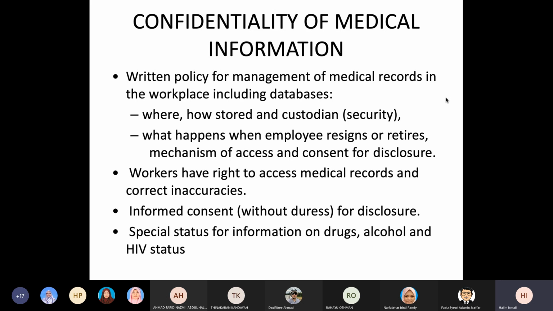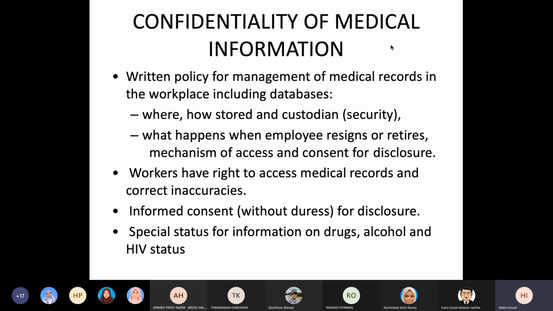In terms of confidentiality of medical information, these are the elements of medical information. Right? As medical practitioners, we are told that all patient and medical information is confidential. So they need to have a written policy for the management of medical records in the workplace, including a database for where and how medical information can be stored, and who has the custodianship or authority, and security of the medical records.